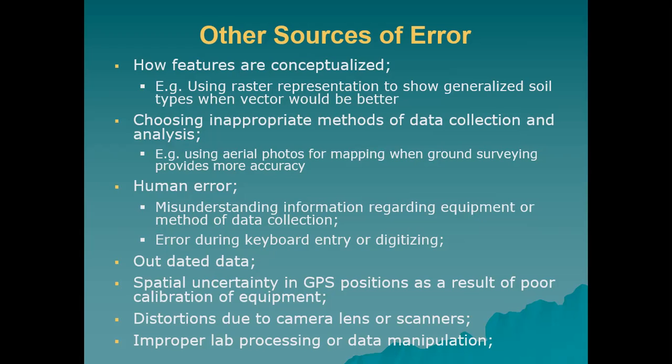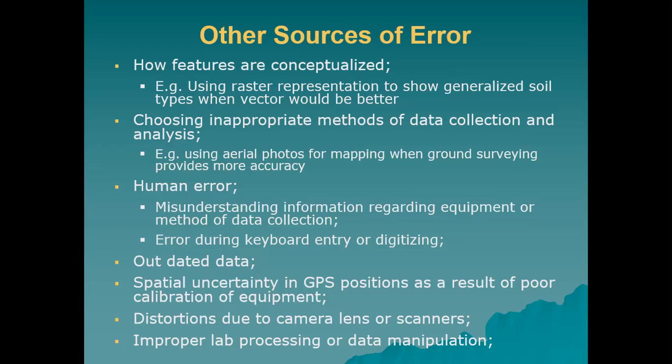Also, choosing inappropriate methods for data collection and analysis. Example, using aerial photos for mapping when ground surveying would provide more accuracy. Human error can also introduce errors into your data.